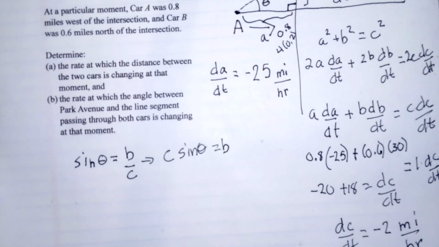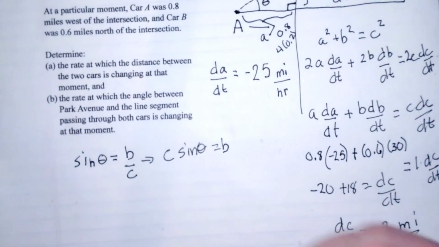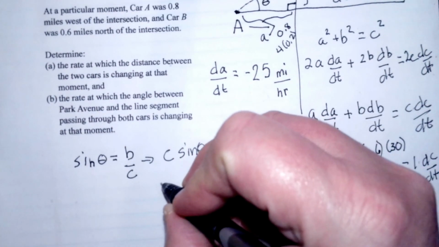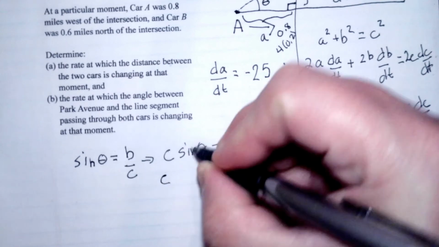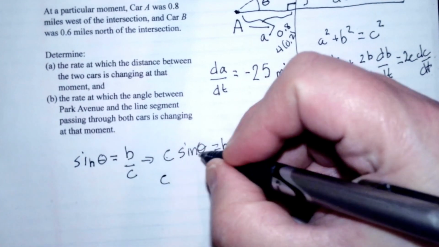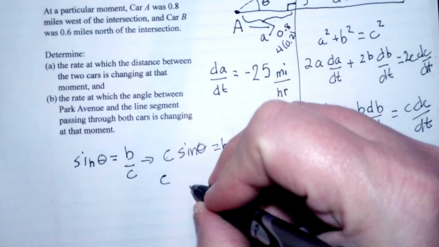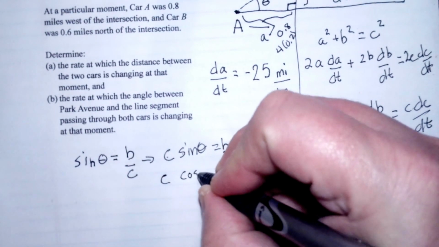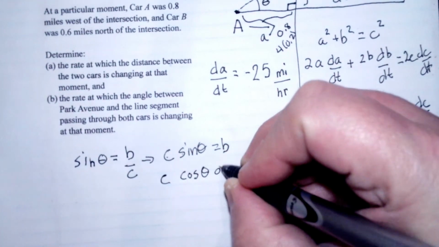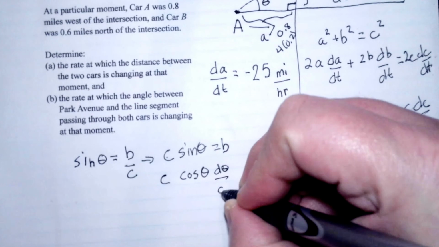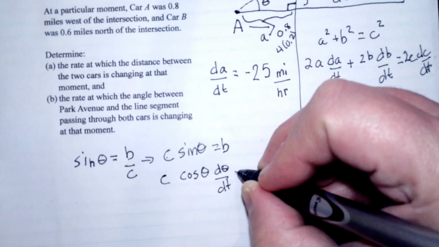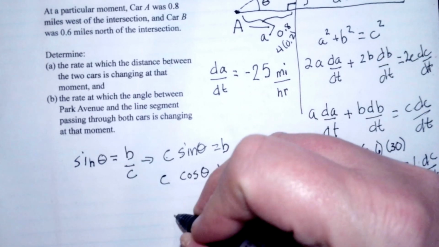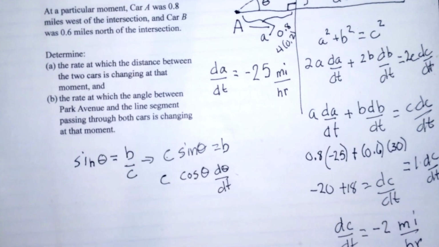Alright, so neither c, b, nor theta is a constant, so we cannot substitute values in for those. Let's differentiate this with respect to t. We're going to use the product rule here, so c times the derivative of sine theta is going to be cosine theta d theta/dt. Well, I don't think I have room here.